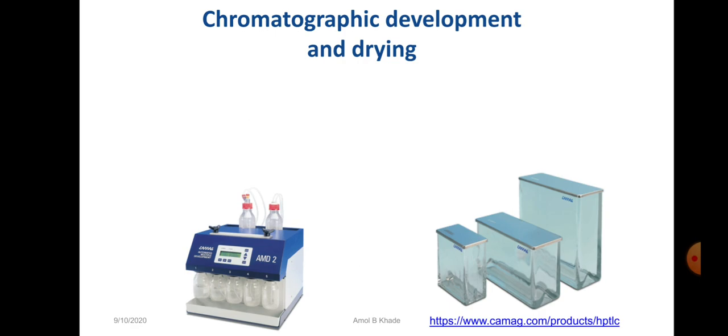And this is a sophisticated piece of equipment which is very useful for accurate preparation of the mobile phase. So we can program the solvent system we want to prepare and in what ratio, and we can put the solvents in the bottles and program the system. It will take out the solvent from each bottle and mix it in a particular bottle in the ratio we require.